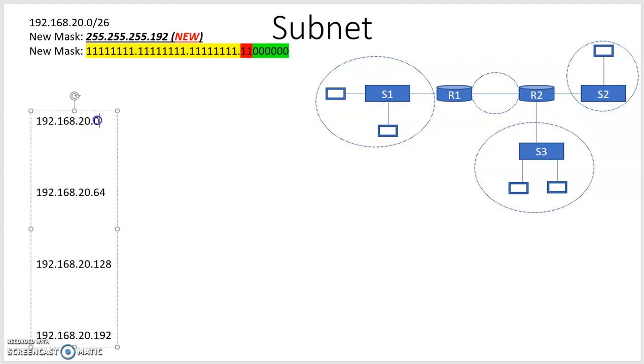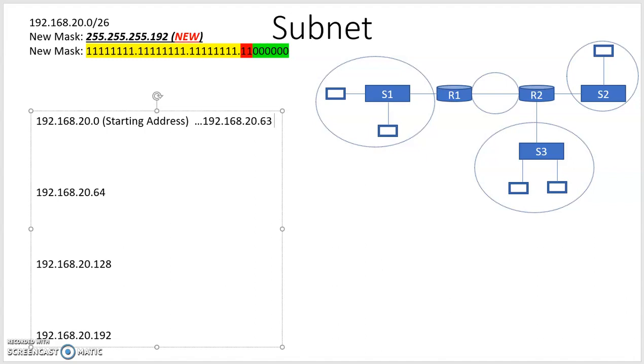So if this is the starting address, then you know what the ending address is. The ending address is 192.168.20.63.